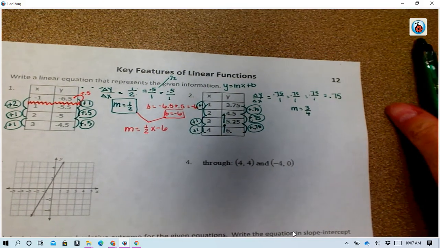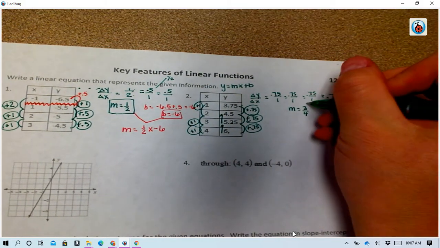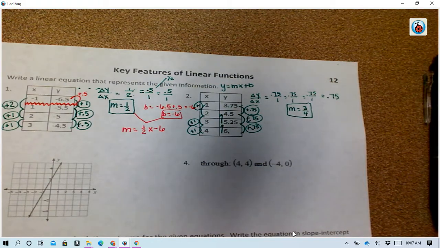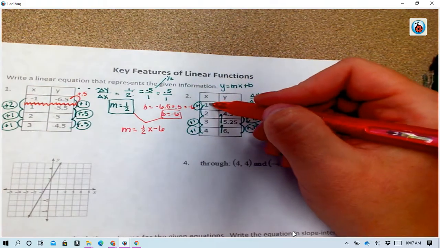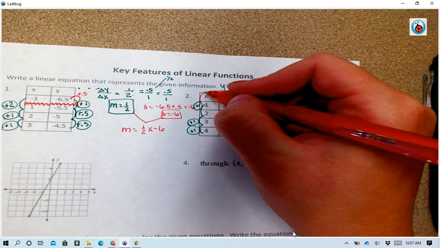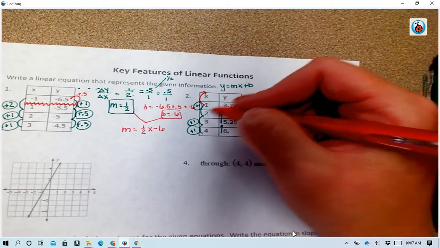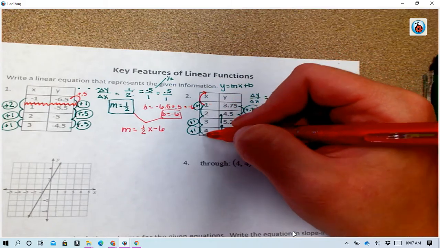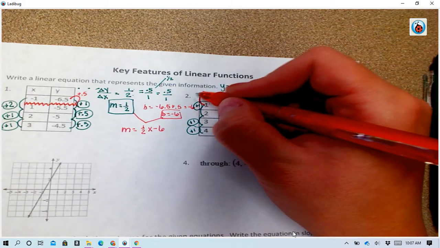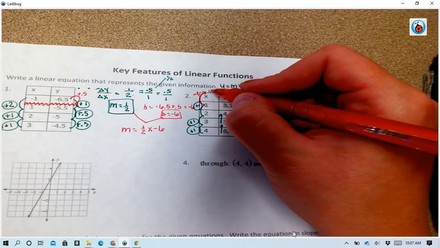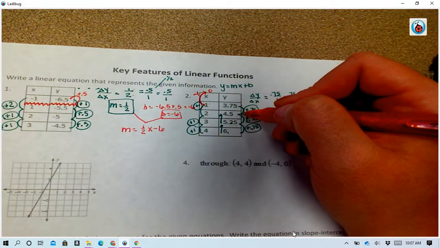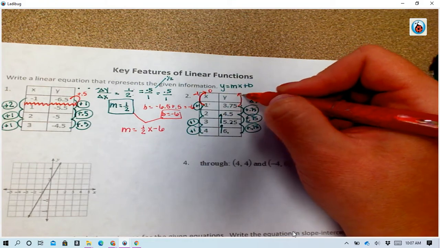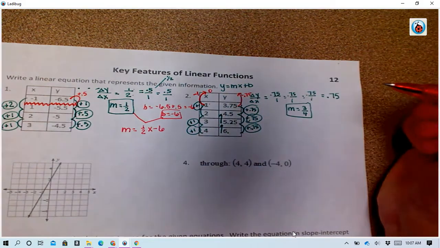So now we need to find our y-intercept. Our y-intercept is when x is 0 in the table. Well, x starts at 1, which means 0 would be up here. So we just follow the pattern but backwards. If we added 0.75 to move down, we would subtract 0.75 to move backwards.